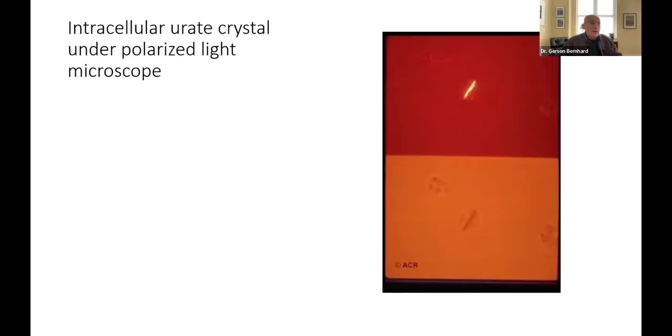And here's the sort of thing that they may report or you see. You see this nice crystal, it's negatively birefringent. If you look very carefully at this slide, it's within a cell. It's the intracellular crystal that is diagnostic of acute gout. Next slide.